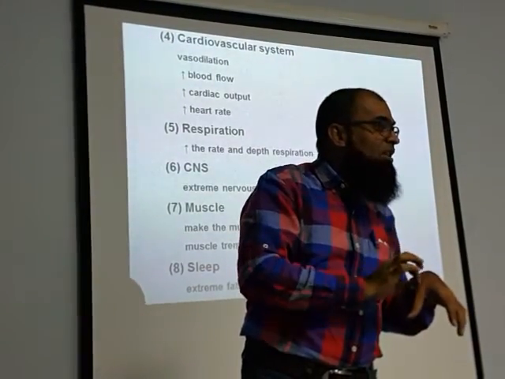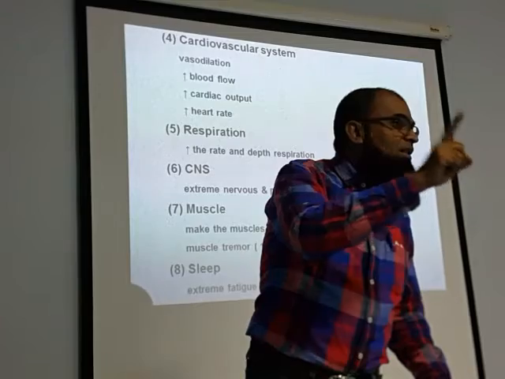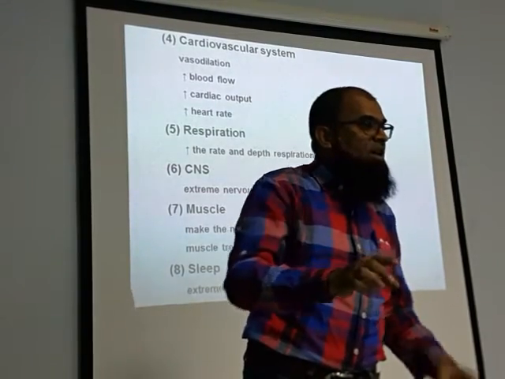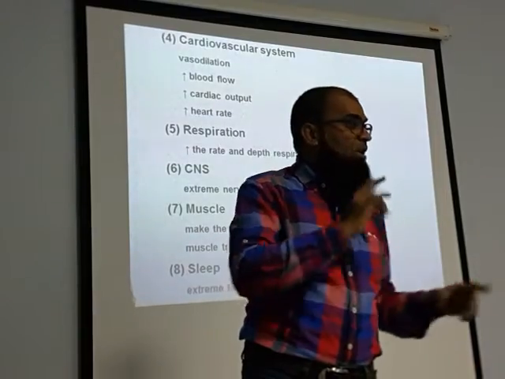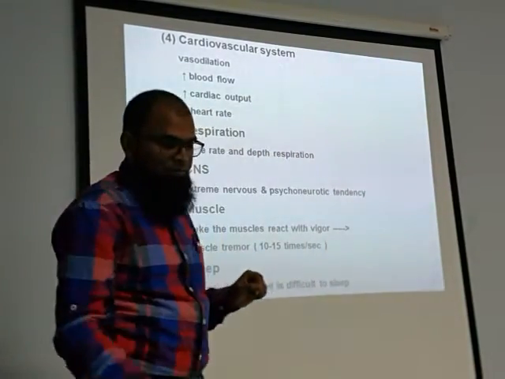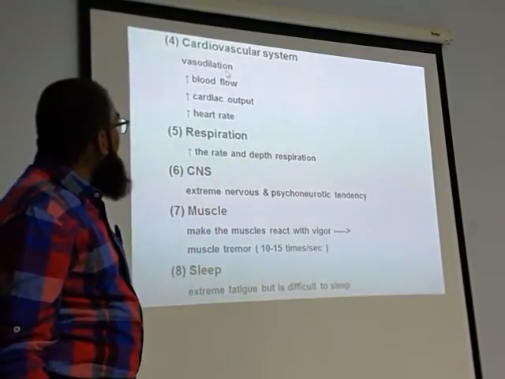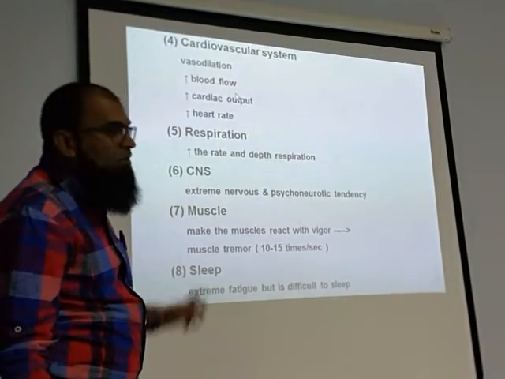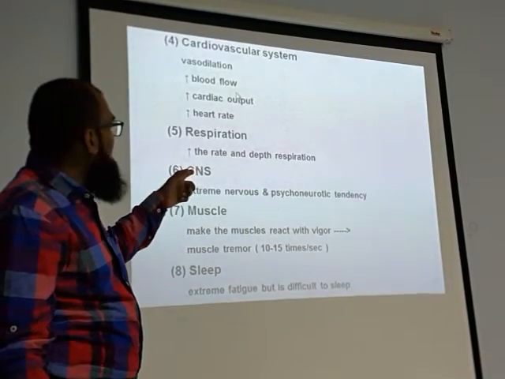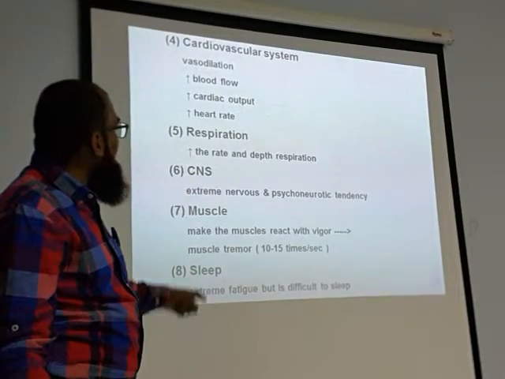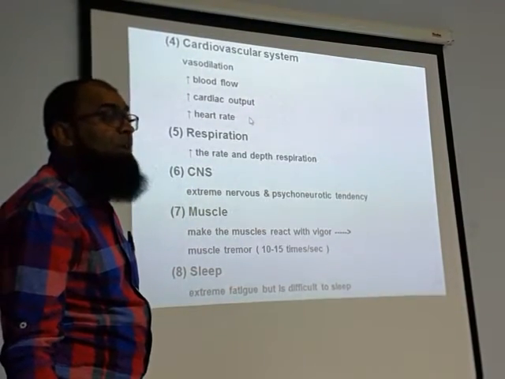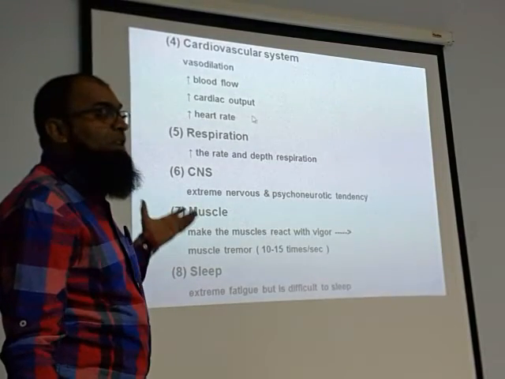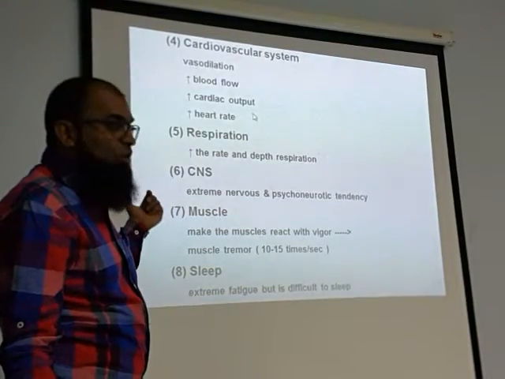Cardiac output and heart rate determine systolic blood pressure. Now you don't have to ask the question. Vasodilatation and increased blood flow to the body, increased cardiac output, increased heart rate. When there is increased cardiac output and heart rate, blood pressure increases. Which blood pressure increases? Systolic.